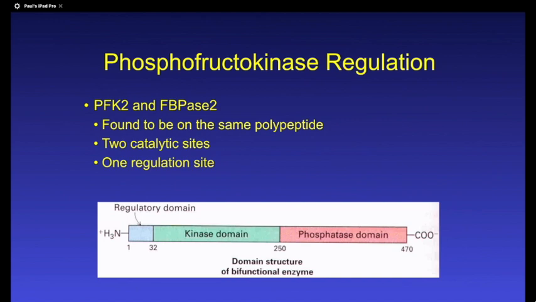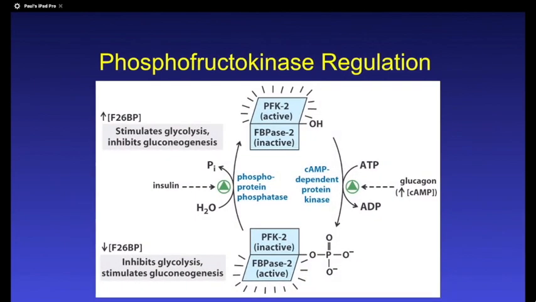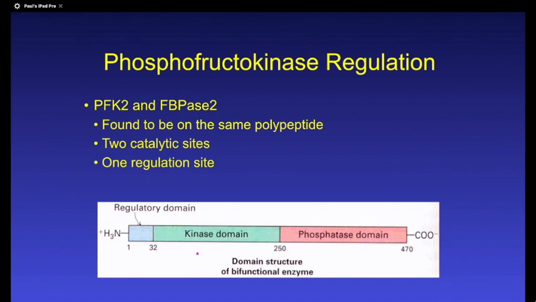It is a protein that has two catalytic sites. One puts on the phosphate, one takes off the phosphate. That doesn't seem really good. In biological systems, we never want to put something on and take it off, or we get in a loop where we're just using energy.